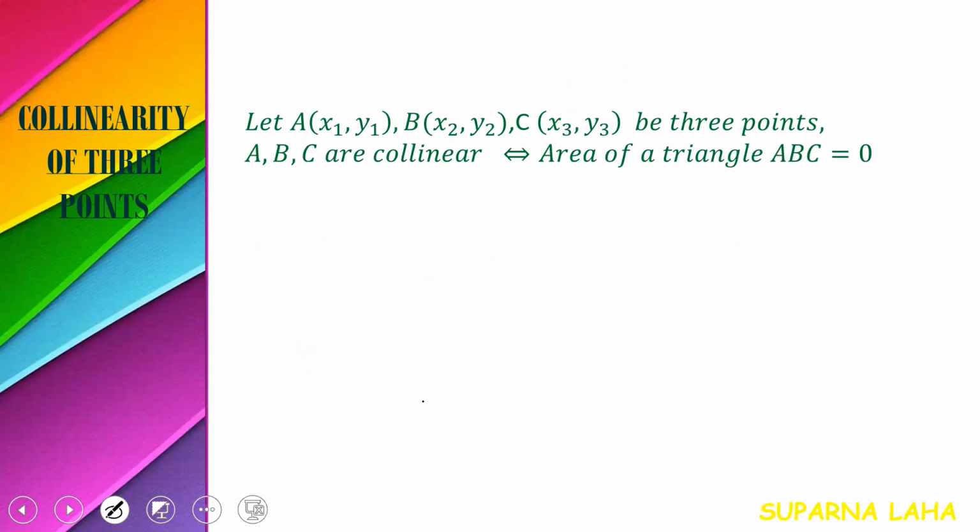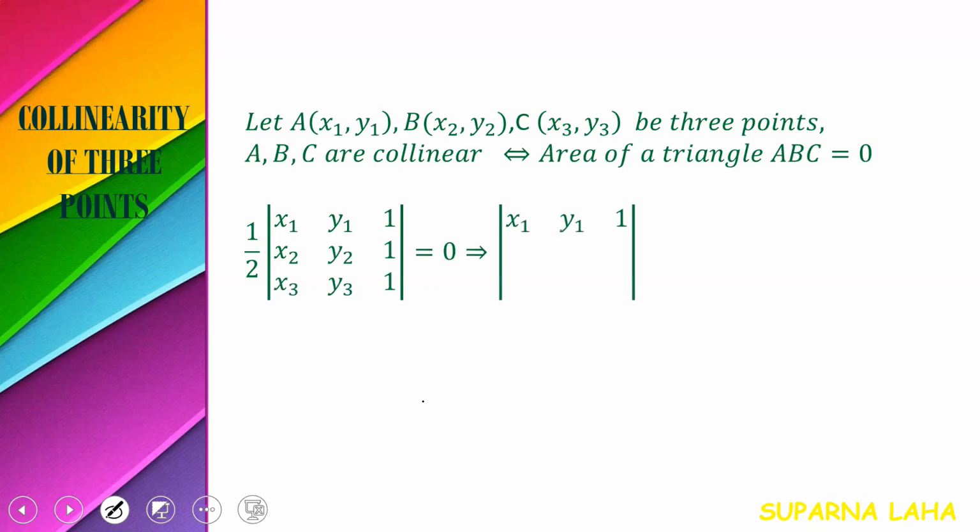And when the area is 0, this determinant should be 0, right? So this is another use of the determinant: if the determinant representing the area of a triangle is 0, we can say these 3 points are collinear.